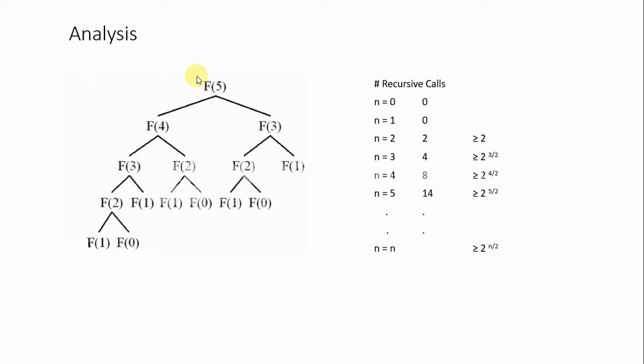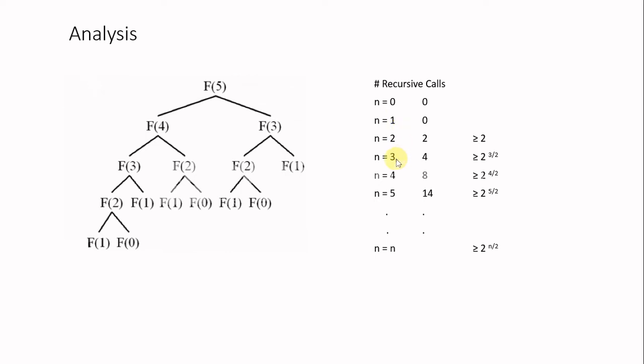So let's compute the number of recursive calls for each value of n. Suppose n is equal to 0, how many recursive calls are there? We know that when n is equal to 0 or n is equal to 1, it simply returns 1, which means there are no recursive calls.